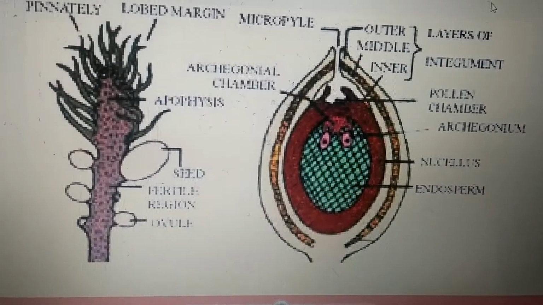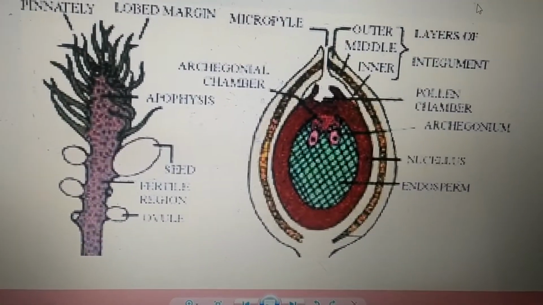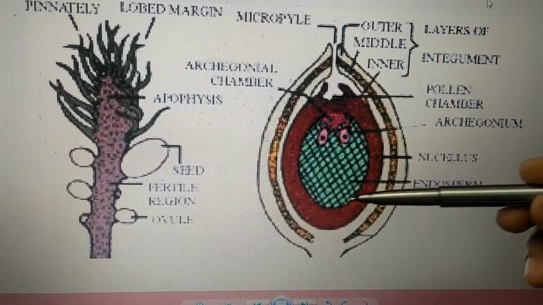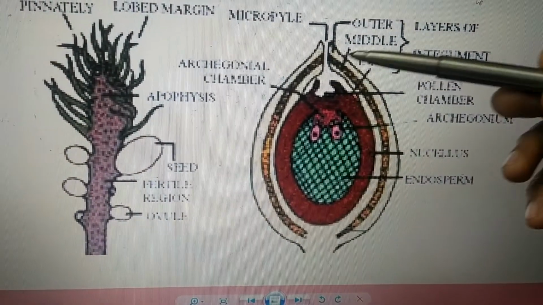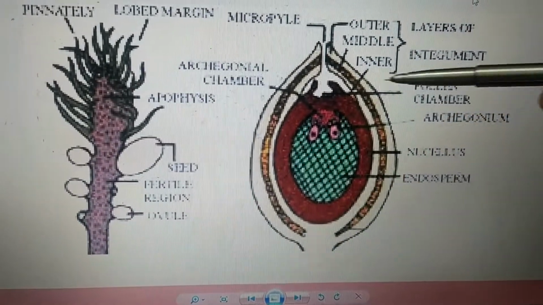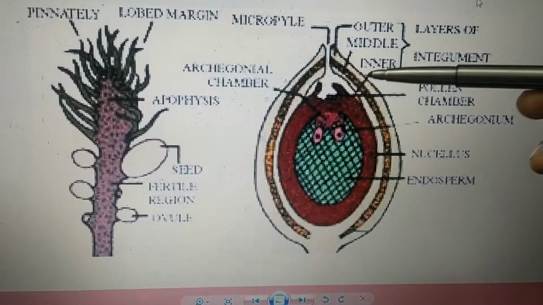These are the basics. Cycas has an orthotropous ovule, in the sense a completely straight ovule with a small micropyle at the apex.